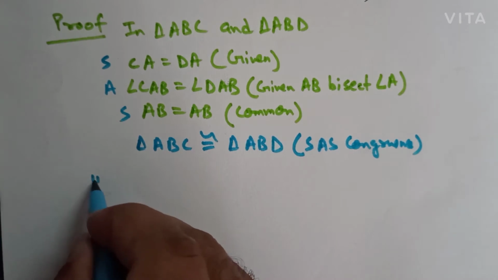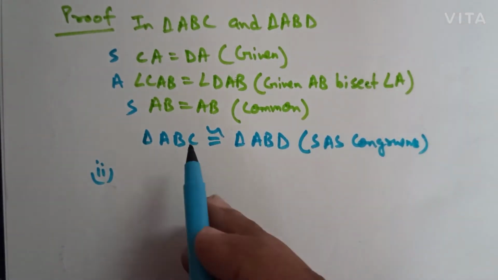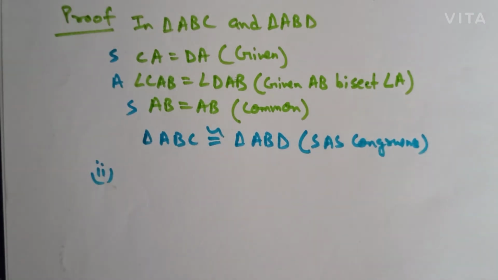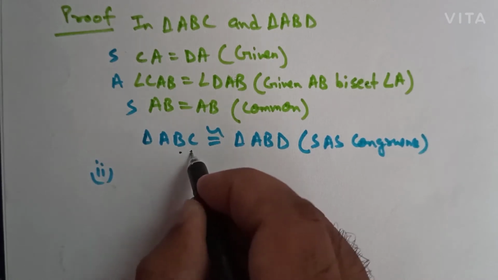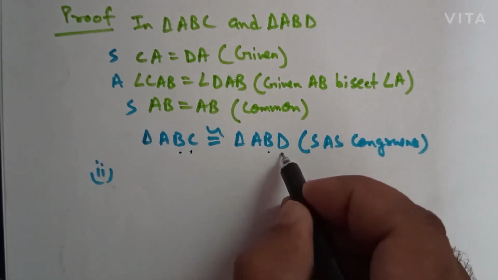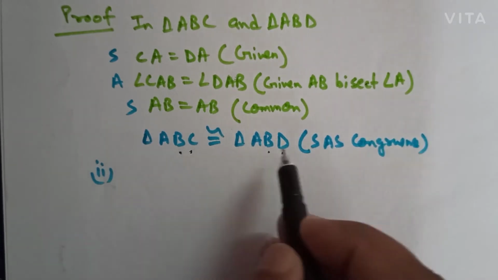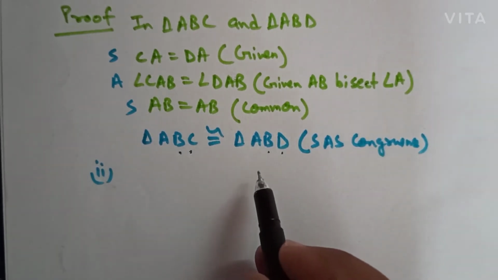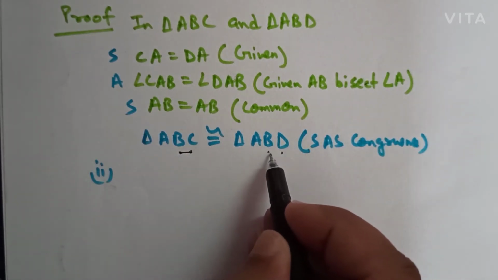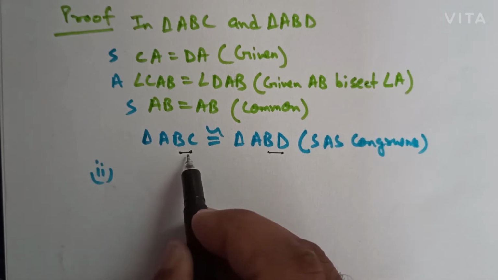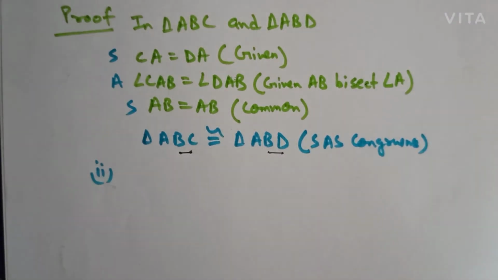Now in the second part, what can we say about BC and BD? So you can see here BC and BD. So B and B are the corresponding vertices, C and D are the corresponding vertices in the two congruent triangles. So the line segment BC will be equal to the line segment BD because the line segment BC is the corresponding side to line segment BD of the other congruent triangle.